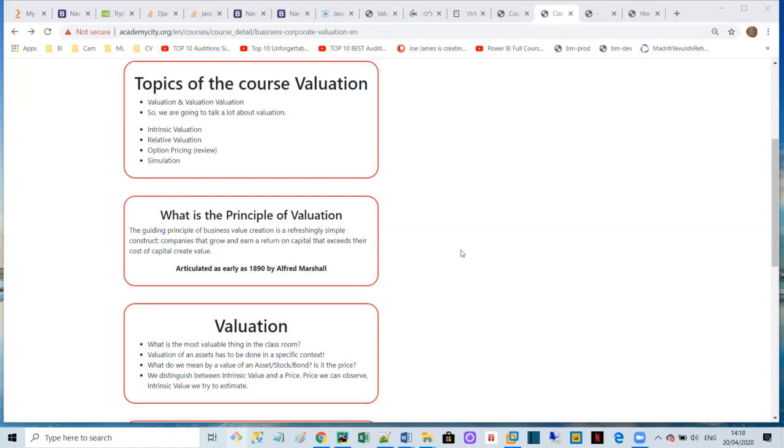I do the calculation, I get $500,000. So that will be the value of the house. The price in the market could be totally different. But over time, we expect the price of the house to be closer to the value we get in intrinsic valuation and not in relative valuation.